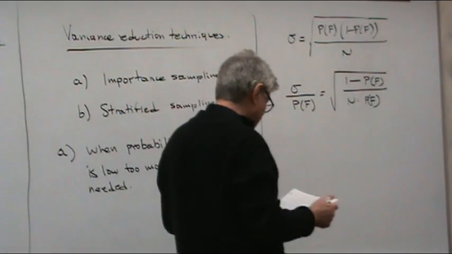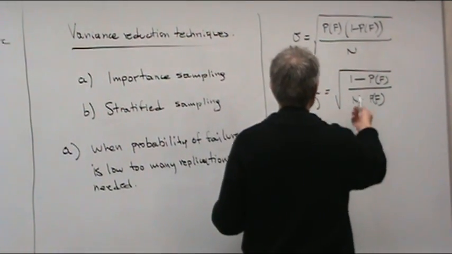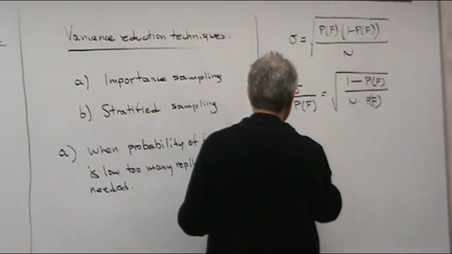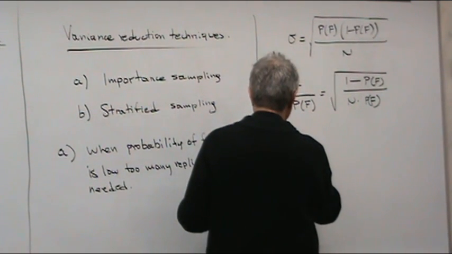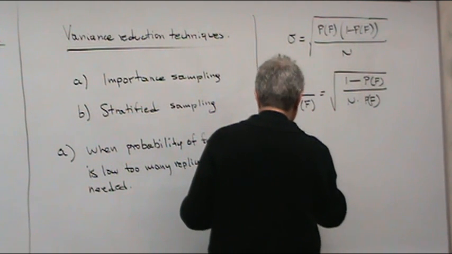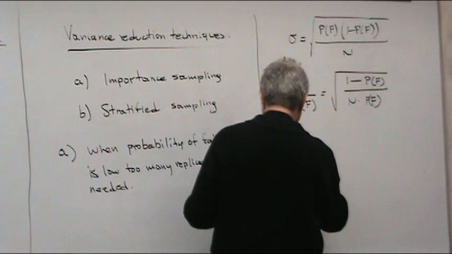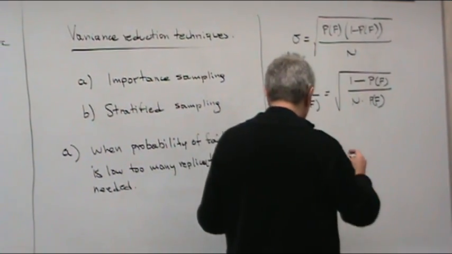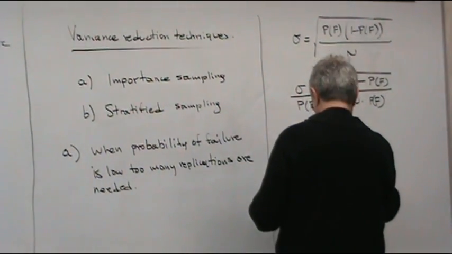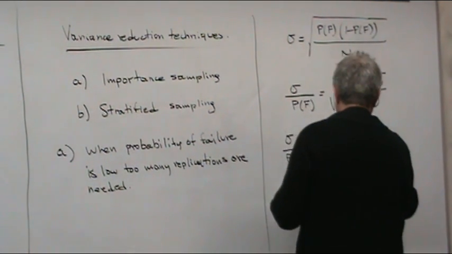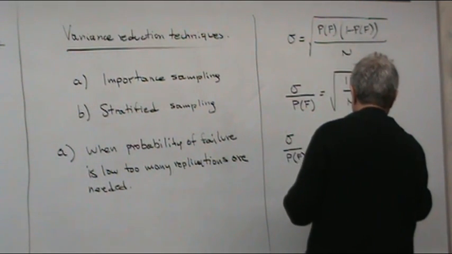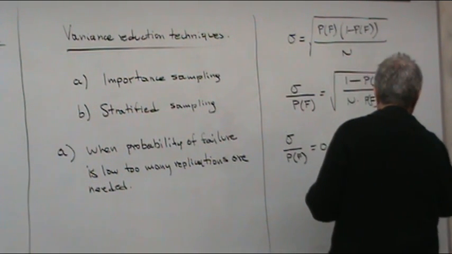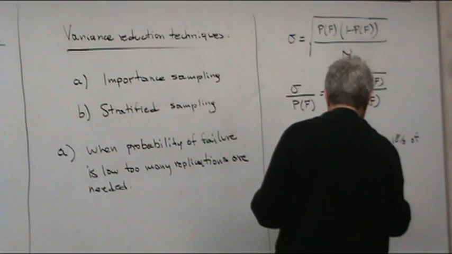Now, in order to have good accuracy, you may want a coefficient of variation of 10%. So the standard deviation is 10% of the probability of failure.